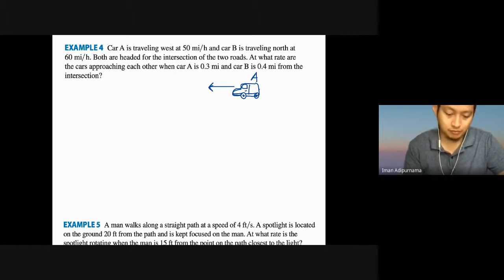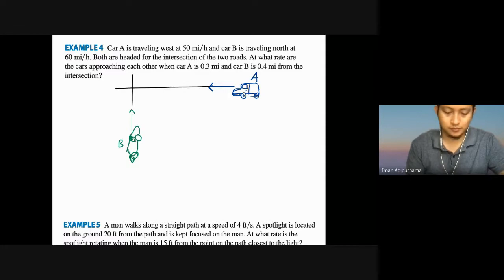So let's say we have B here. Okay, and let me draw the rest of the line. Okay, and let's say we will have an intersection at this point C.